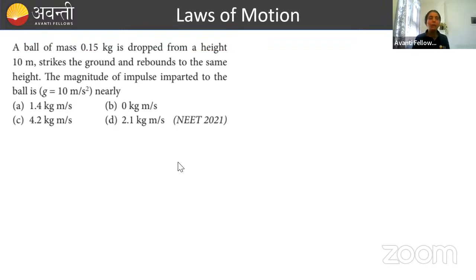Now we are moving on to laws of motion. So the very first question is here. I am giving you 1 minute or 1.5 minutes.